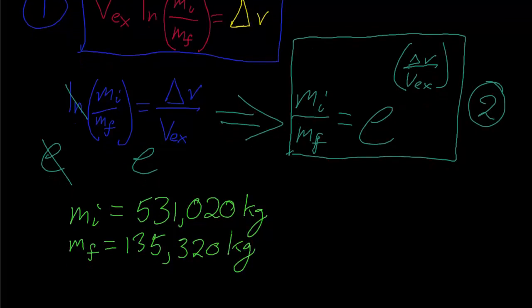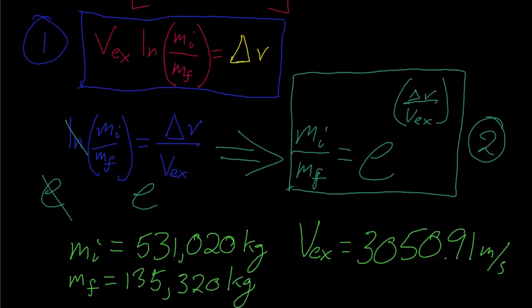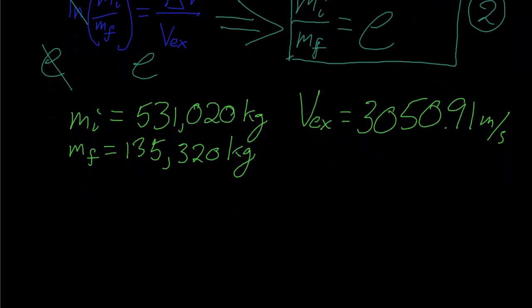And we know that the calculated exhaust velocity of this rocket is equal to 3,050.91 meters per second. So we have our initial mass, our final mass, and our exhaust velocity. So we can calculate the change in velocity of this specific rocket.